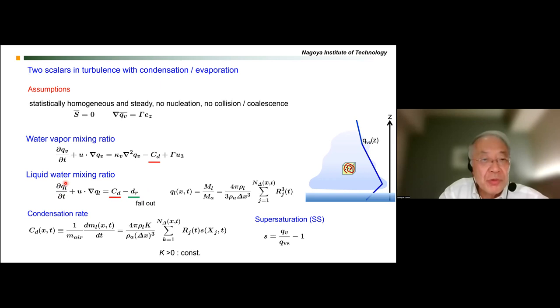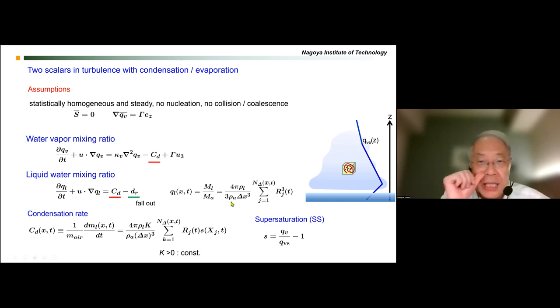The QL quantity and the CD are described in this way. It is a sum of the cubics of droplet radius, or the sum of the radius times supersaturation. The supersaturation is given by this equation from QV. So anyhow, the point is that QL and CD carry the properties of the particles.